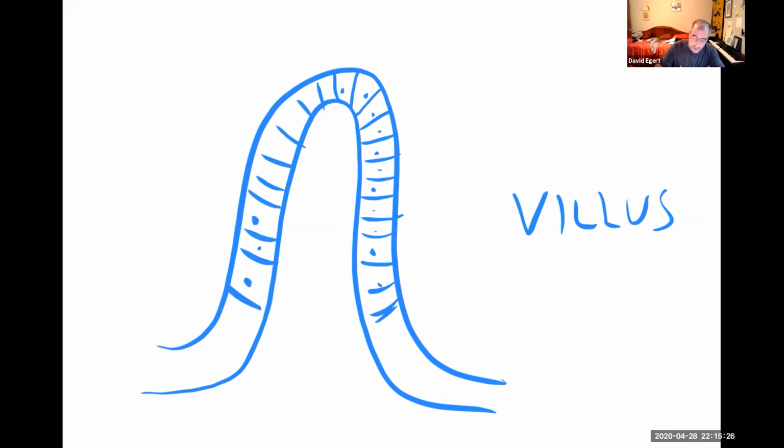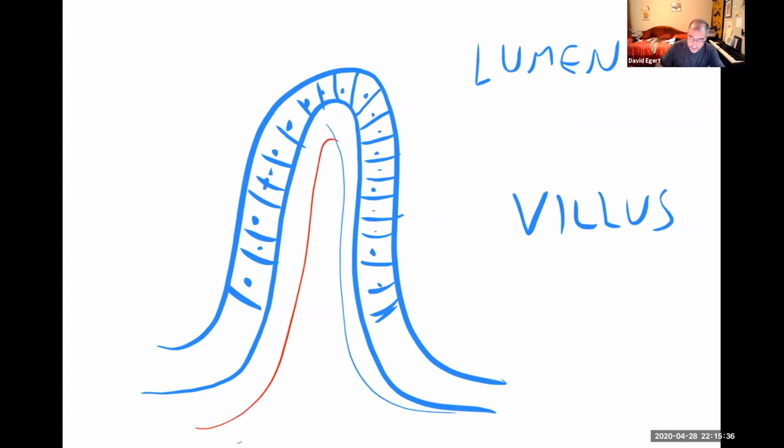So columnar, simple columnar epithelium. Here's the lumen. Inside here are going to be the capillaries, and actually a little lacteal, a little lymph vessel.